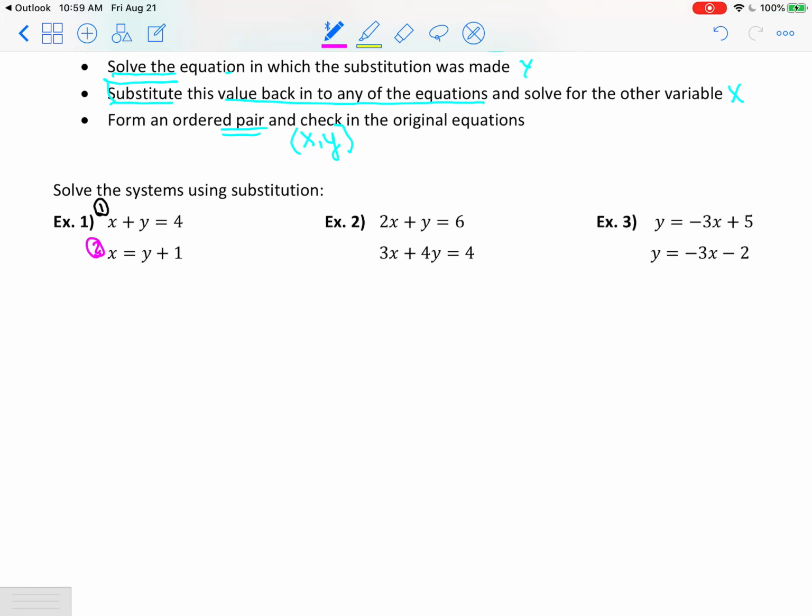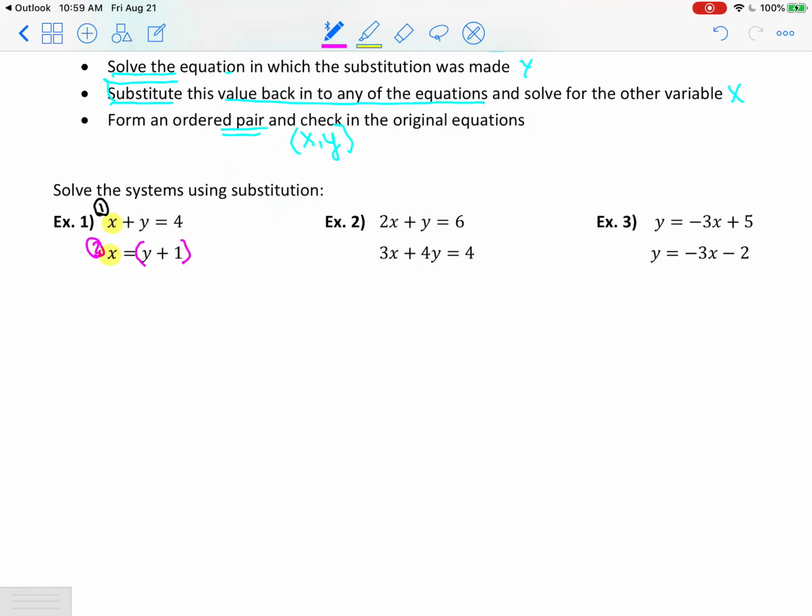All right. You notice in equation number 2, the x and y are not on the same side. So it's telling us that x is equal to this value that's in terms of y. So if we're looking at the fact that here's an x and here's an x, in equation number 2, we have what x is equal to in terms of y.